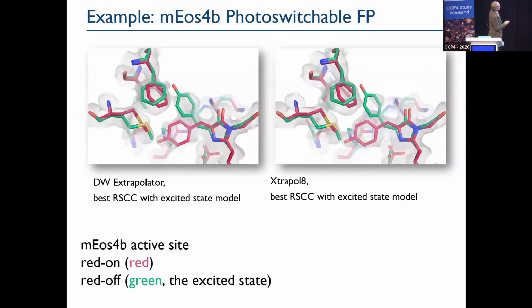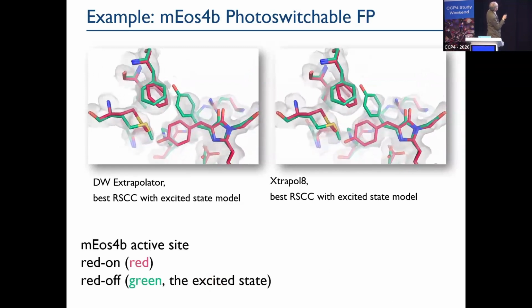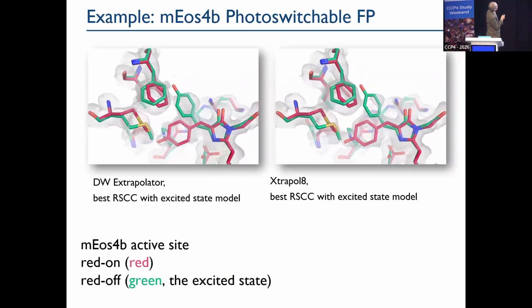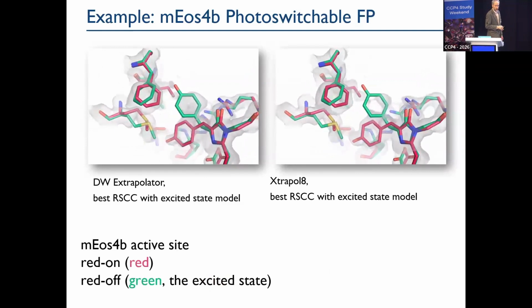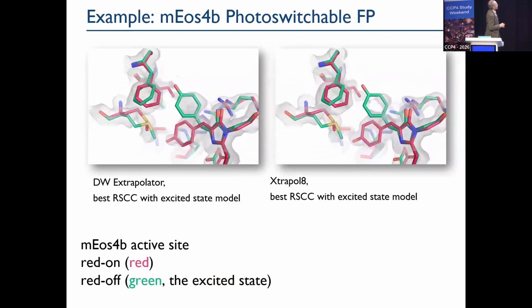Here's a second example, for a photoswitchable fluorescent protein, where the green model is the excited state. Again, we get pretty good density here and here for the excited state, starting from the ground state model and phases.